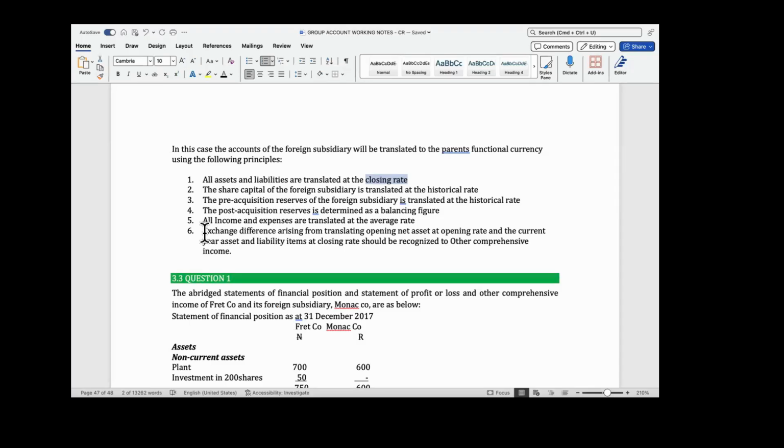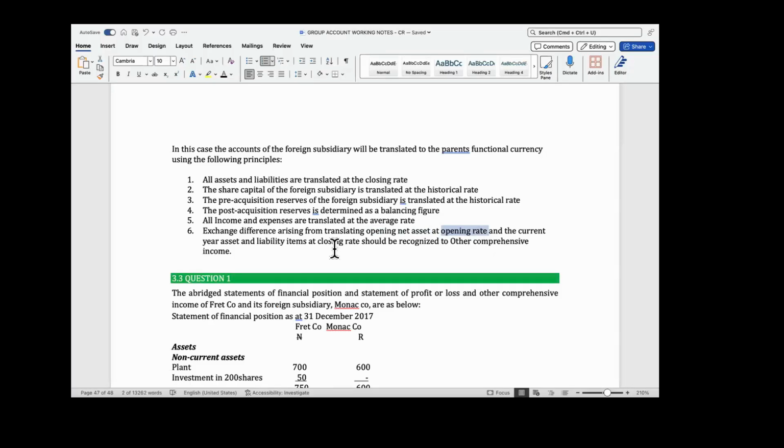So because we are using different exchange rates for assets and liabilities, for share capital, for income and expenses, and we are getting this as balancing figure, there will usually be exchange differences. The account will not balance. There will be some exchange difference that we need to capture. Usually it's because when you look at the opening net assets, we have translated it at the closing rate of last year, which I'm now calling opening rates.